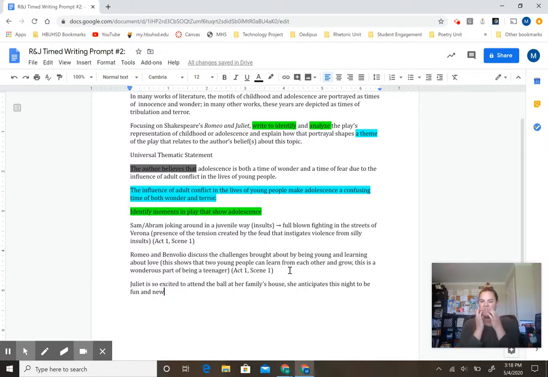Juliet's age also would have signaled this might have been the first ball that she may have been present for, because you really wouldn't have gone to a ball until your parents started to think about marrying you, or finding someone for you to marry. So that seems to be the moment we are at for Juliet right now, even though her dad says, I might not marry her for 2 more years.